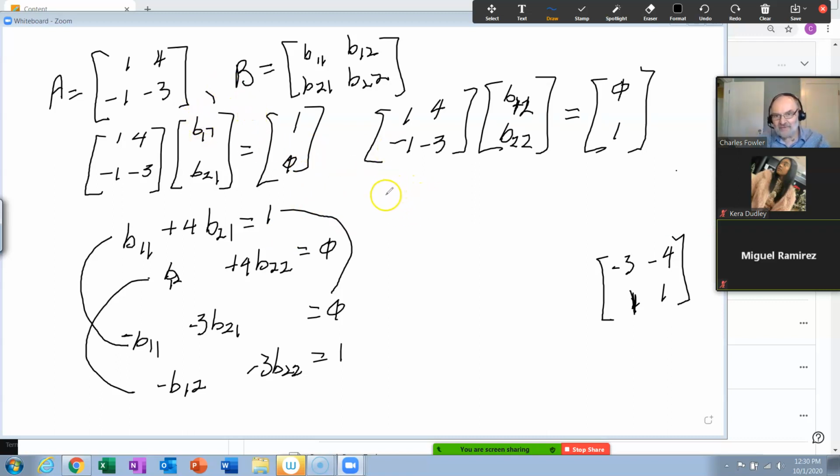I'm sort of skipping a step here. If we had done this as, like I've got here, take these two and just do the matrix equation there, just the coefficients. That was 1, 4, 1, 0, or -1, -3, 0, 1.